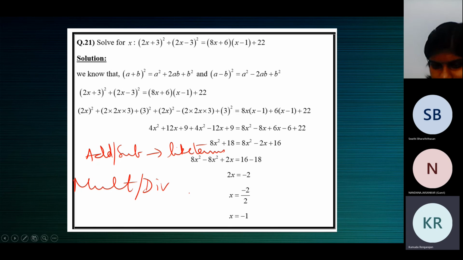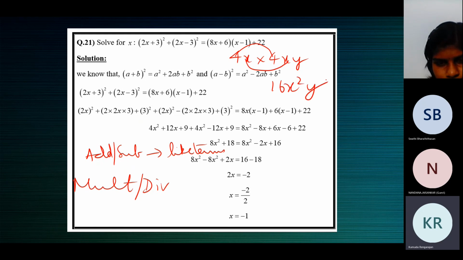You can multiply and divide like terms and unlike terms. But addition and subtraction can be performed only on like terms. So you can multiply, like you can multiply 4x and 4xy. 4x and 4xy cannot be added because they're unlike. But you can multiply. 4 4s are 16. X into x is x squared, y. So 16x squared y.